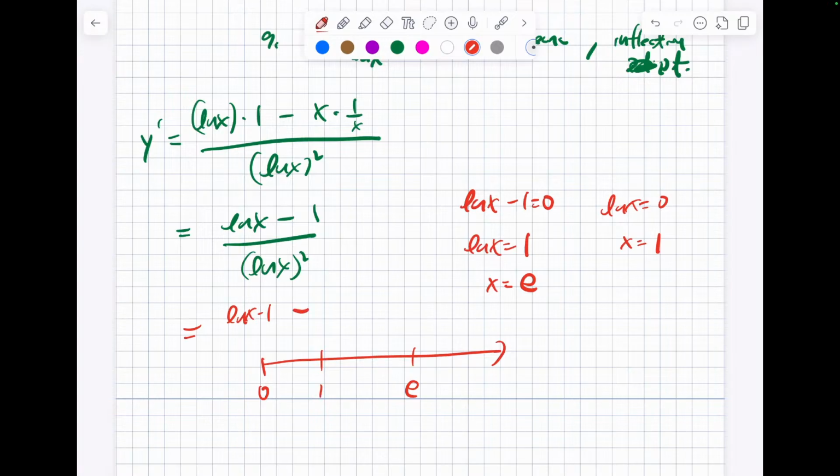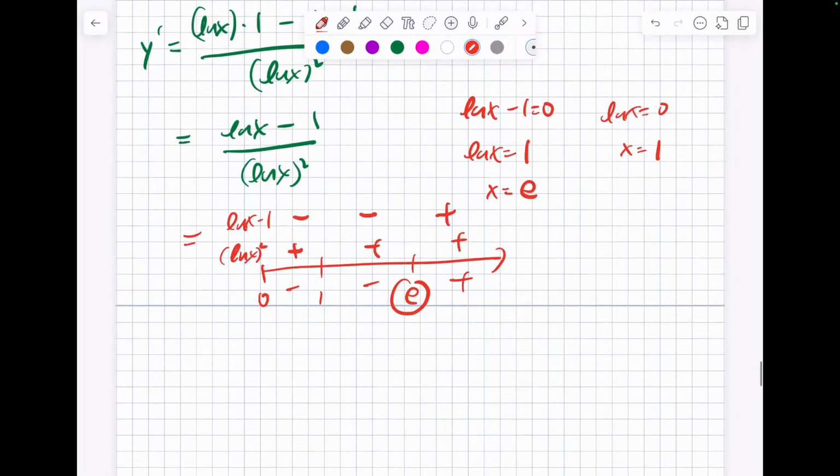If you plug in less than e, for example 2, natural log of 2 is still not big enough, so it's negative. This is the only one that's positive, and ln of e, this is negative. This is positive, positive, positive, because of the square. So this one's negative, negative, positive. So e is your max. Oh, min. Sorry, I like min.